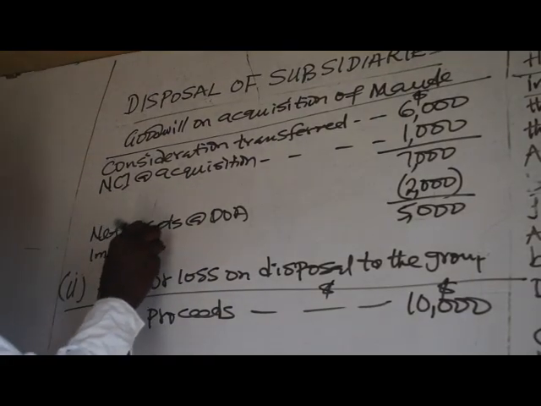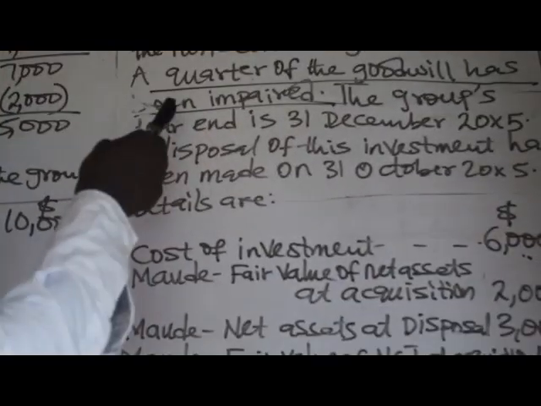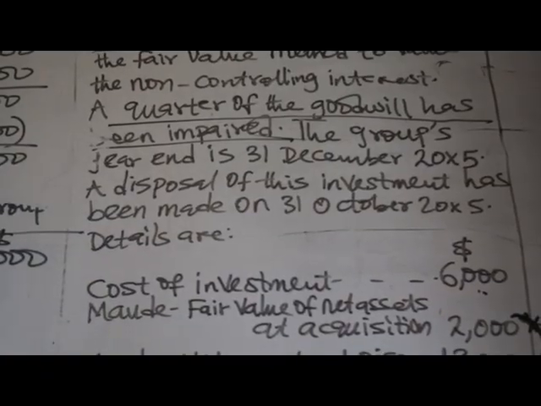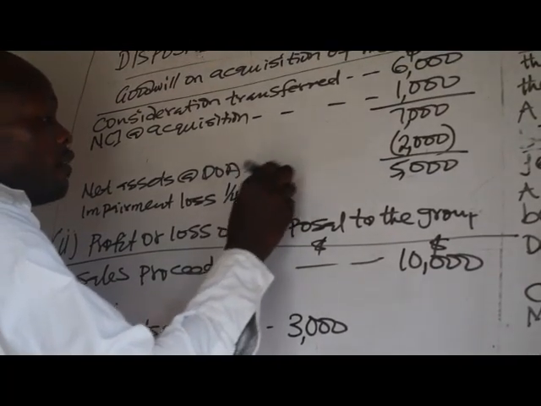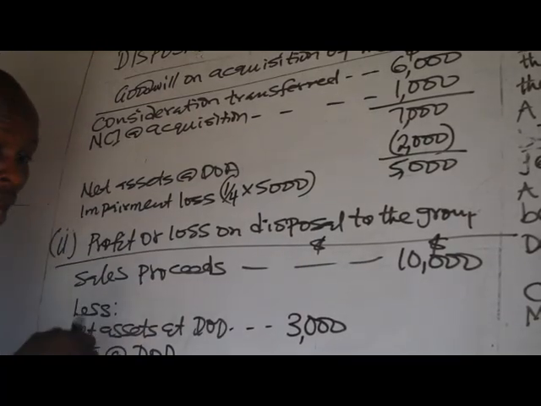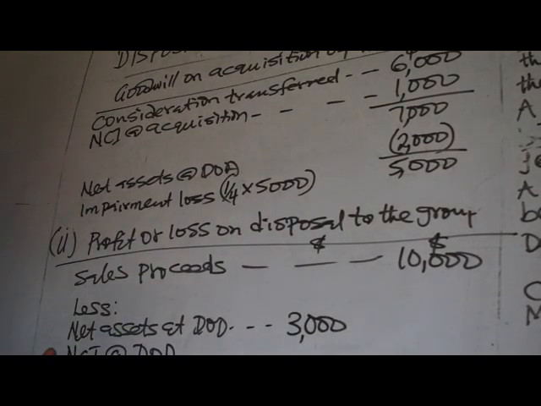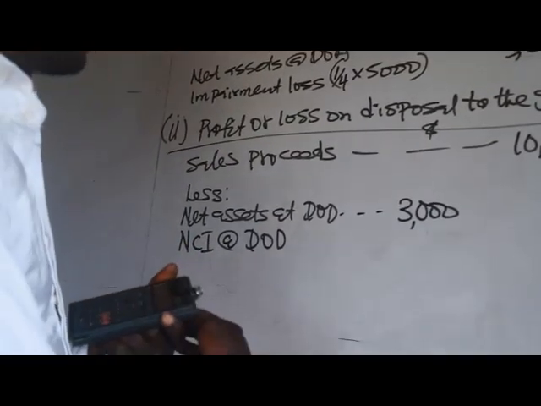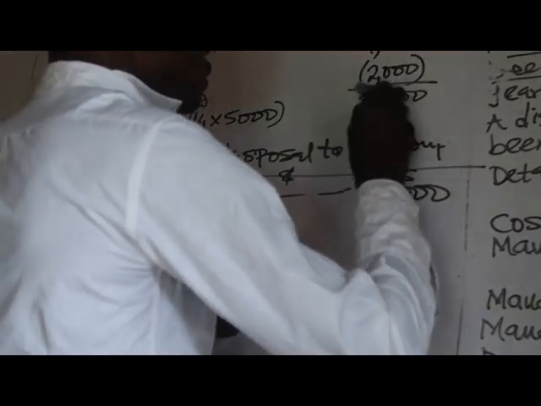So you charge your impairment loss. Back to the question. Now, you were told that a quarter of the goodwill has been impaired. A quarter means 1/4. 1/4 of 5,000 will give us 1,250.